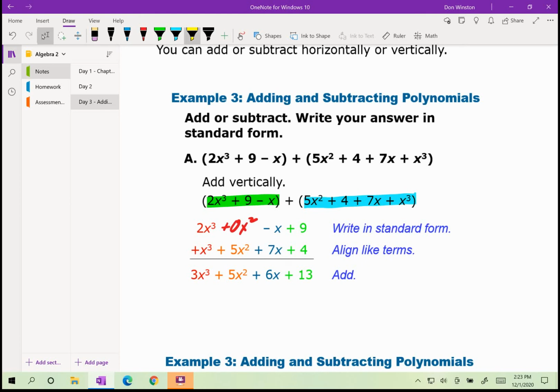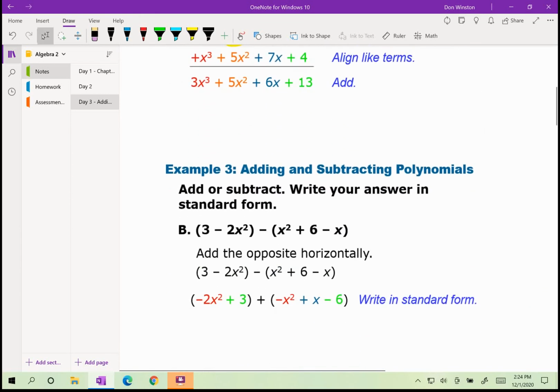Again, I emphasize that if you're missing a term, include it, just use 0. That will be so important when we do division of polynomials. We call that adding vertically.